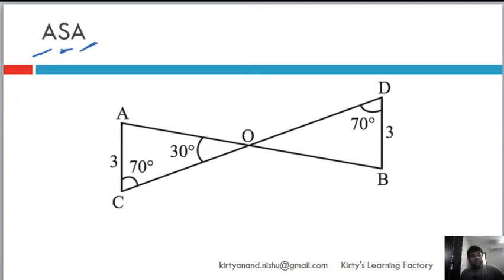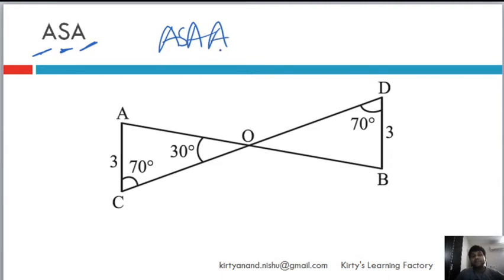If the sum total of three angles is 180 and two angles are equal across two triangles, then the third angle is also equal. So we know that ASA basically is AAA.